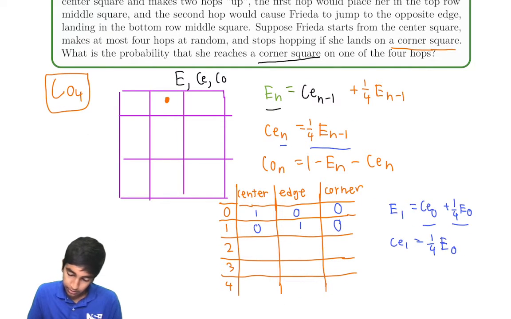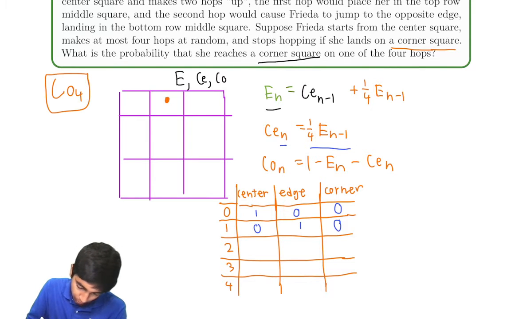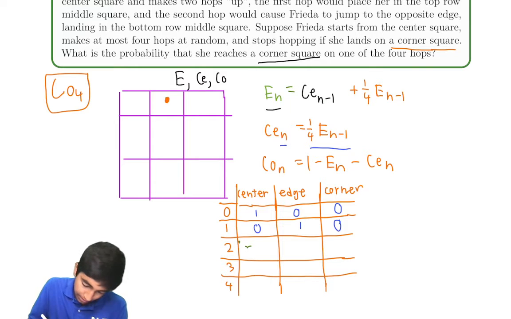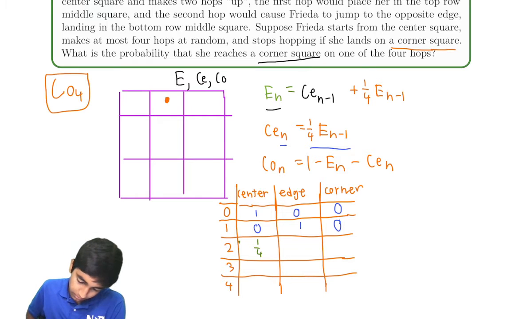What we're going to say is that CE of n, so this point right here, CE of 2, is just 1/4 the probability it was on an edge on the previous turn. So in this case, it's just 1/4, because there's a probability of 1 of being on an edge after 1 move. Now what about edge after 2?